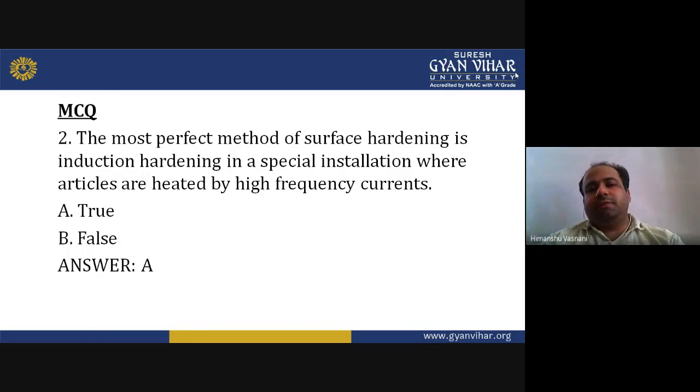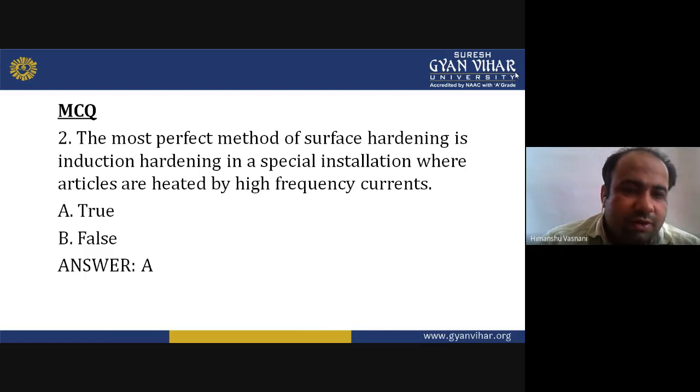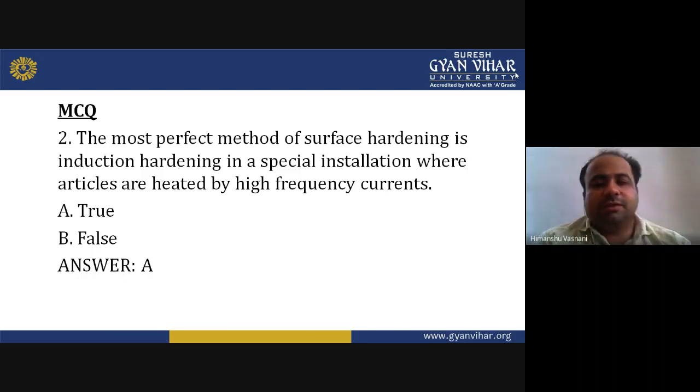Now the most perfect method of surface hardening is induction hardening in a special installation where articles are heated by high frequency currents. I have shown you the diagram of induction hardening.